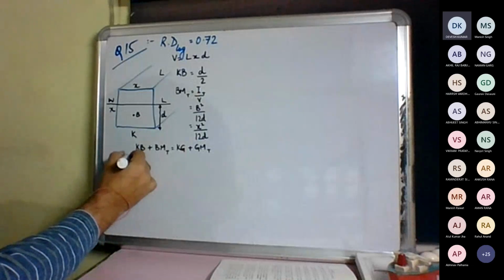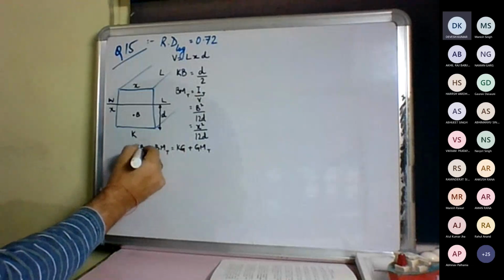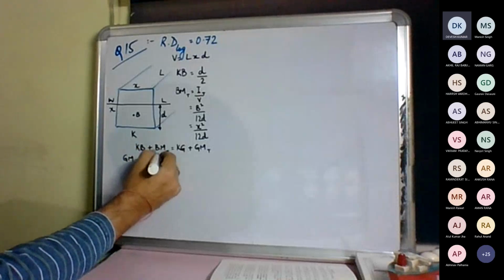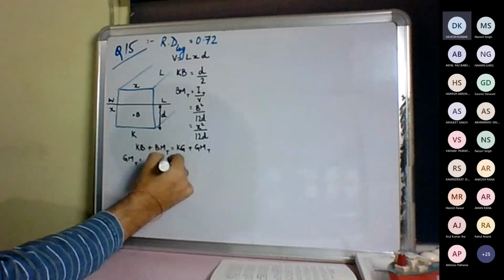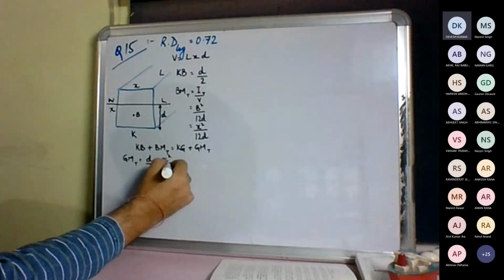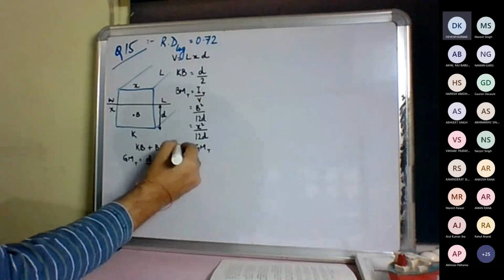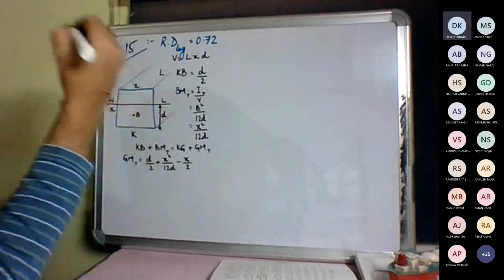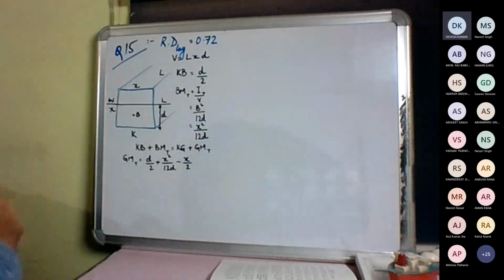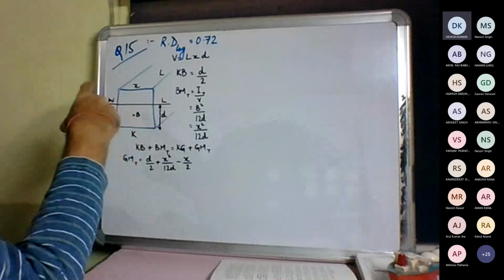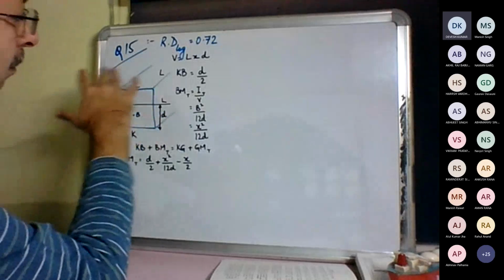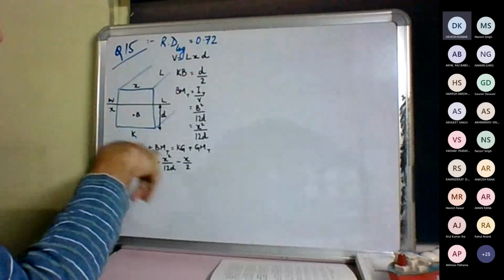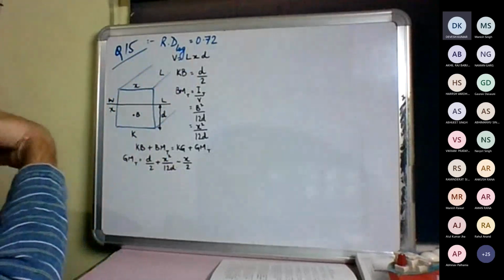Therefore, GMT is equal to KB, d by 2, plus BMT, that is x square by 12d, minus KG. KG will be x by 2. Why? Because it's a homogeneous log. Homogeneous means the mass or the weight is evenly spread. So KG will be x by 2.